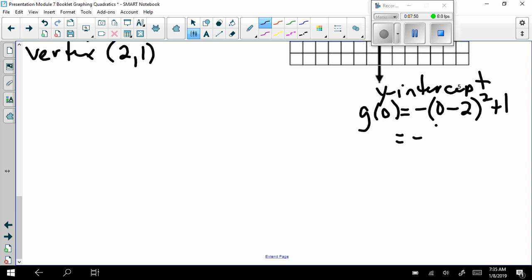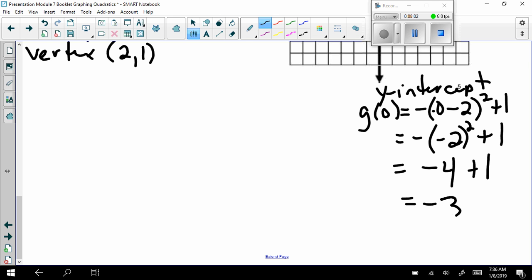Which is -0 minus 2 is -2. Remember, you're going to square first. -2 squared is 4. Bring down the negative, bring down the 1. And I get -3. So this is the point where x is 0, y is -3. That's the only point I need to find, because I'm going to use symmetry for the rest of it.